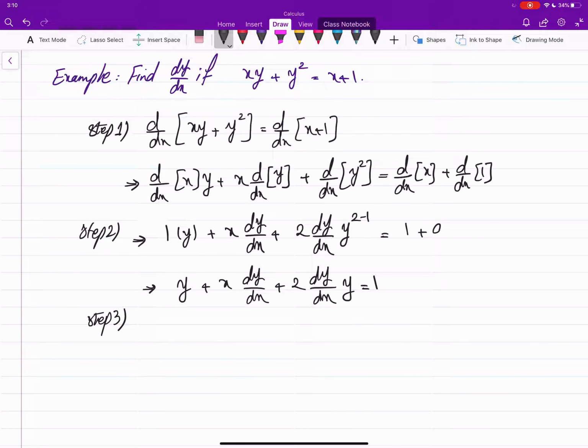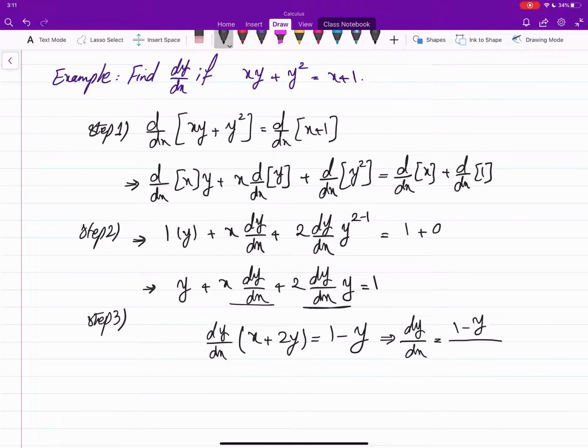So this means that these two terms have dy dx, factor this out, take the other terms to the right hand side. Now from this, dy dx is equal to 1 minus y over x plus 2y. And that's the derivative of the function implicitly defined by that equation.